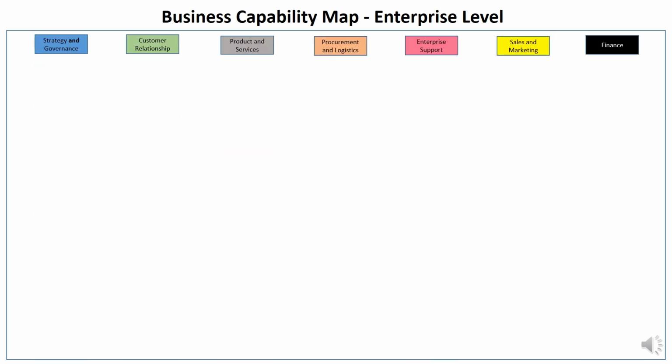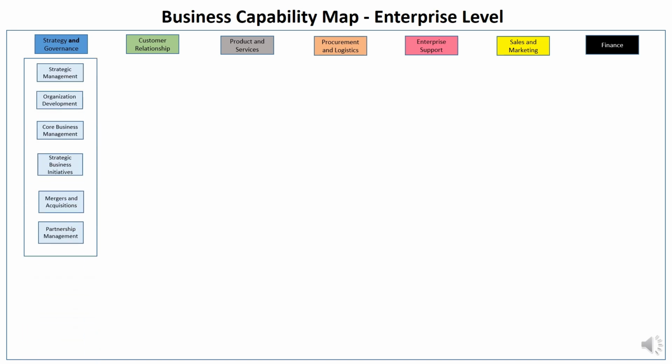Now take a look at a real life business capability mapping at an enterprise level. At the top, we have the main lines of business at the strategic level. So we have strategy and governance, customer relationship, products and services, and so on. Underneath this, we can map the business capabilities at a very high level, which support the business capability at the top level.